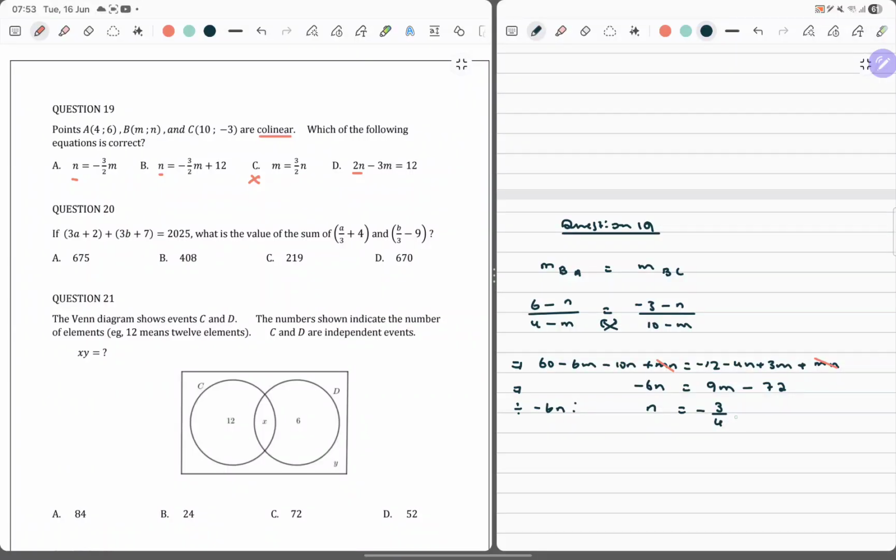Now m, it will be minus, no, it will be plus 72 divided by 6. 72 divided by 6, 10 times 6 is 60, plus 12. Yeah, it's 12 times 6. This one is 12.